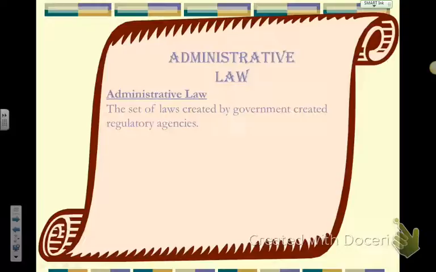Typically speaking, these regulatory agencies are either created by a legislative body or by the executive branch. So a governor can create an administrative agency, or the president can create an administrative agency that establishes law in a specific area of authority.